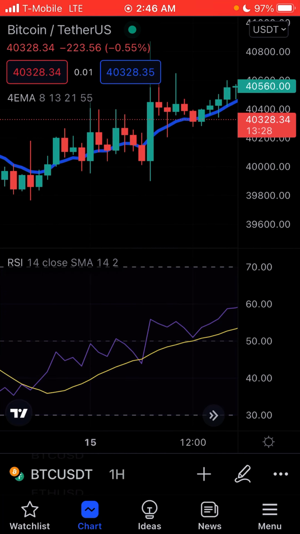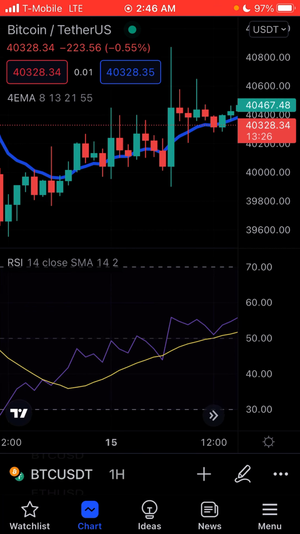It's hard to do this on my phone, but basically what you want to do with this strategy is you want a green candle to be kissing the blue line here. You don't want it to be underneath it. You want it to be as close to on top of it as it can.